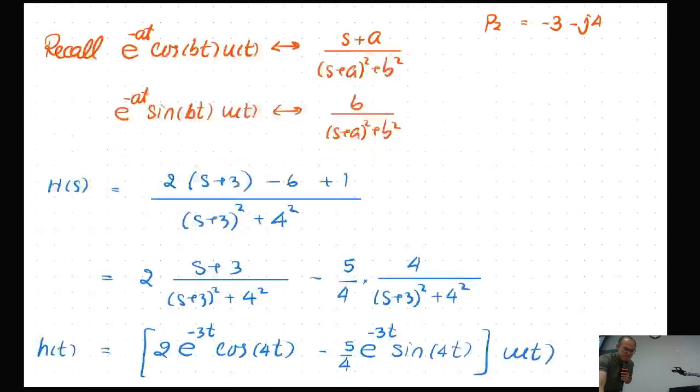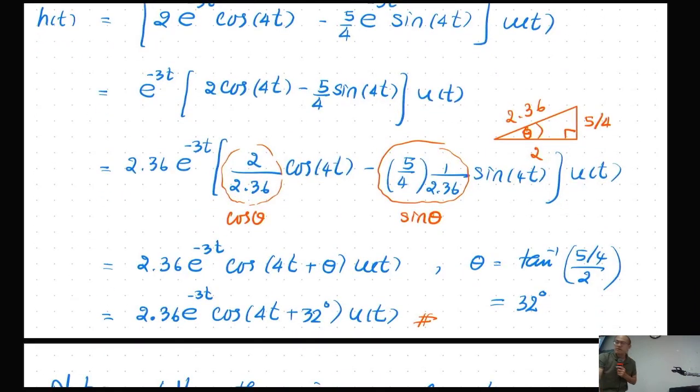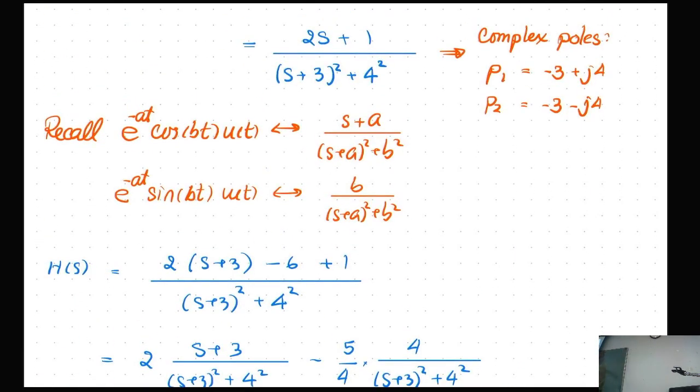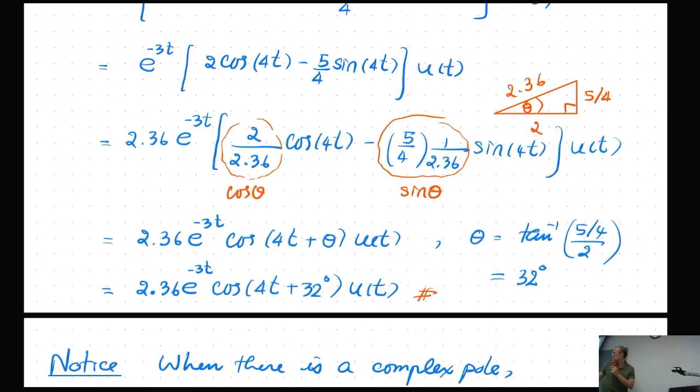That is the frequency of the oscillation, 4. So this is the imaginary part of the pole. Now, if you look at the pole again, you see -3 here. So what does it determine? The -3 here determines the exponent term here. -3 goes here.